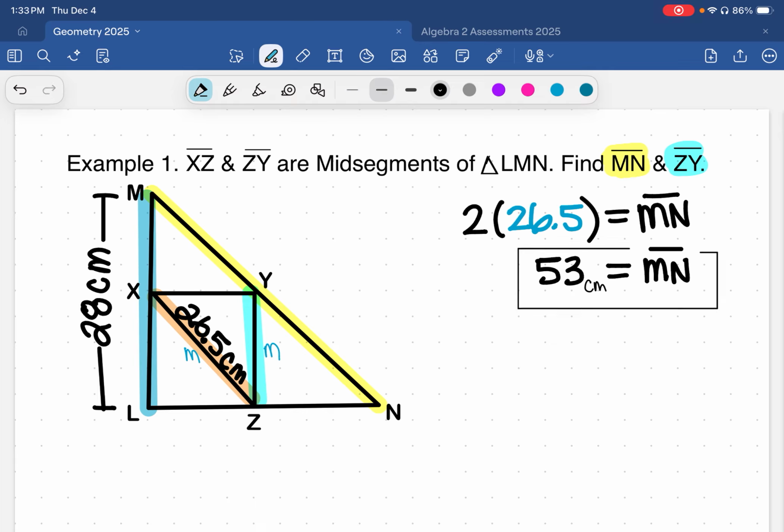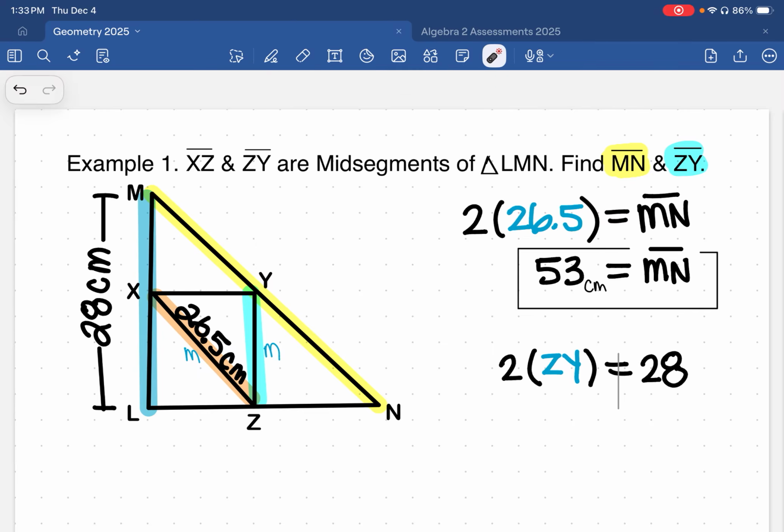All right, we're going to use the same formula to help us find ZY, but I'm going to say 2 times ZY equals the parallel side of 28. I can still solve this equation, but this time I have to actually think of it as an equation. If it helps, this is your x. 2 times x equals 28.